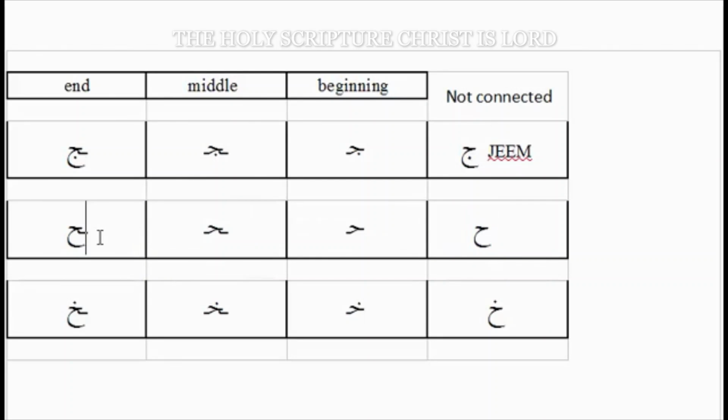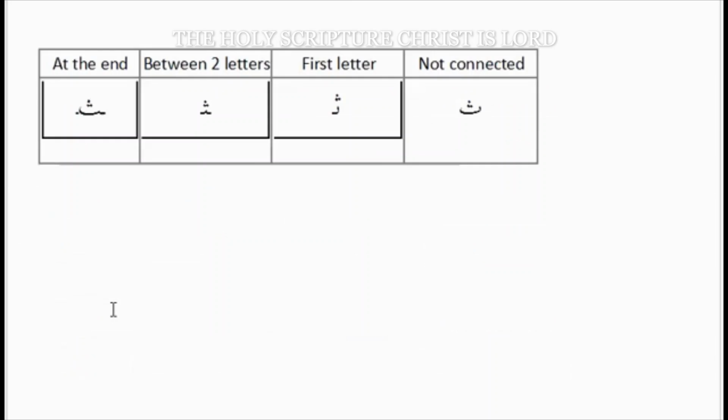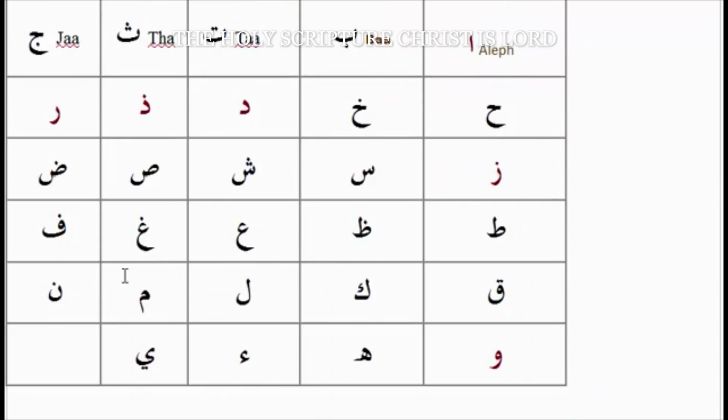At the end it goes back to the original, except there's a little line to connect. And this was the case for all the letters we taught you before, except those letters which do not connect from the left, but can connect from the right.